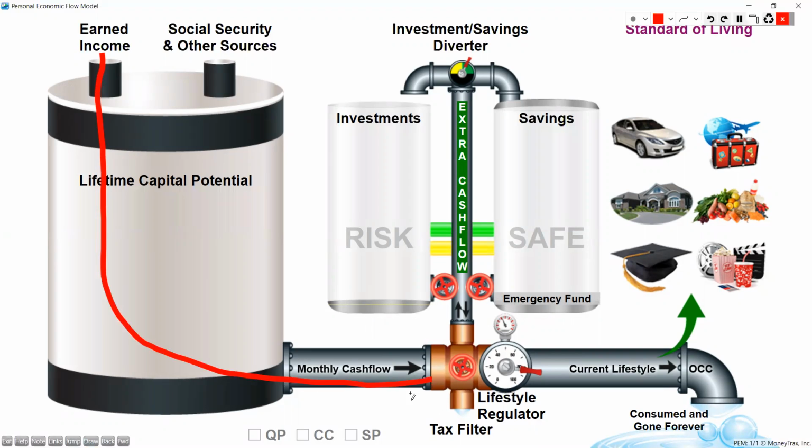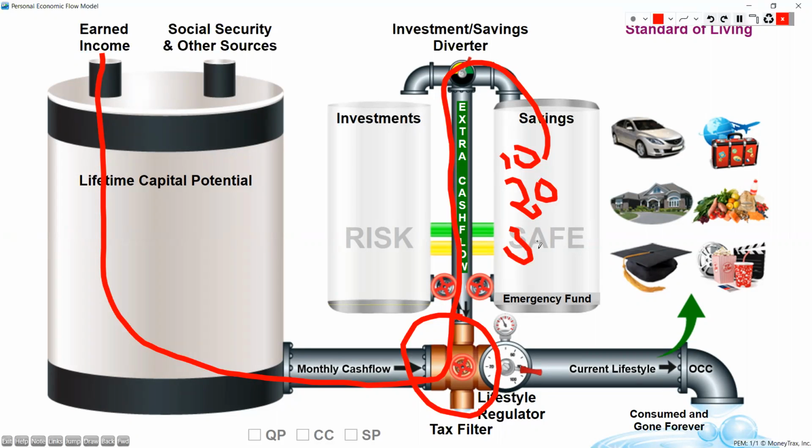See, the government, before it goes anywhere, before it goes to your current lifestyle, the government is bolted on right here, tax filter. You need to be bolted on right here. So before you go to your current lifestyle, your money should be flowing right up into your savings, whatever it may be, 10%, 20%, 30%.